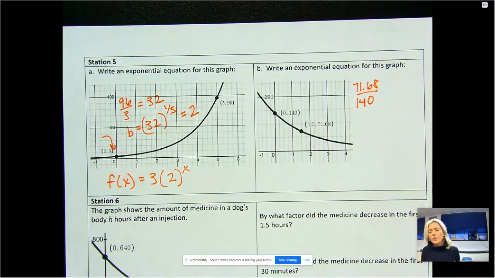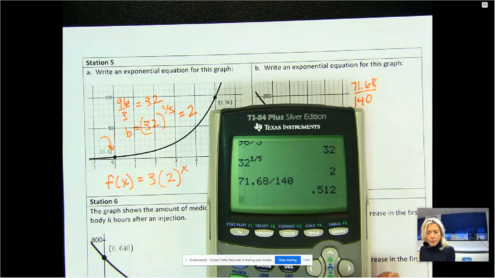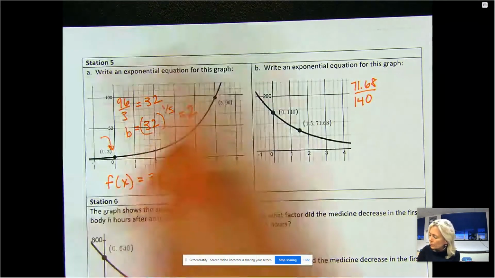That's going to be in an interval of 1.5. And so 71.68 divided by 140 is this decimal, 0.512. I'm going to use all the places because that will give me the most accurate answer when I'm finished, 0.512.